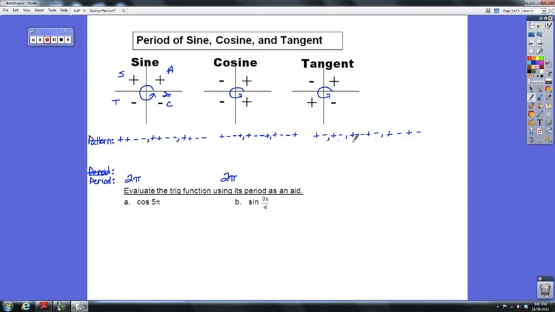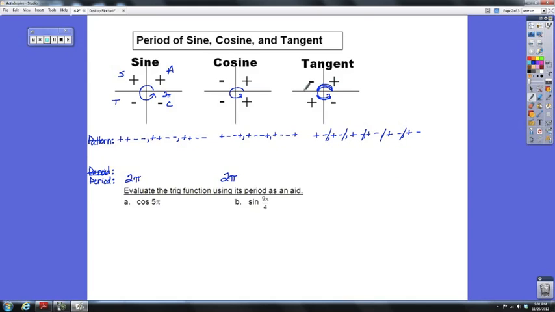But if I put commas in here halfway, I'm actually getting the same pattern if I only go halfway around the circle: plus minus, and then plus minus, and then plus minus. So I only have to go half the way around the circle for the tangent graph for this pattern to repeat itself.